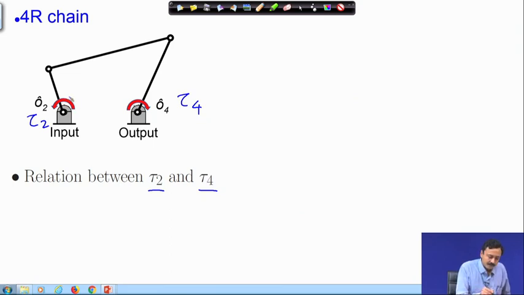Now, you can very well imagine that if I produce a torque in the counterclockwise direction, that is because the load torque is in the clockwise direction. The mechanism is essentially transforming and transmitting this input torque to this output link, which is link 4. So, this is link 2, this is link 4.